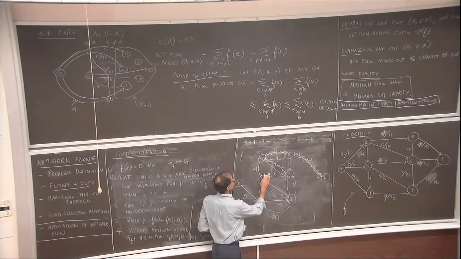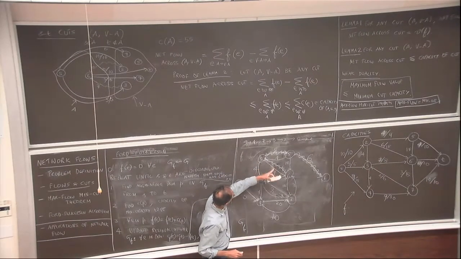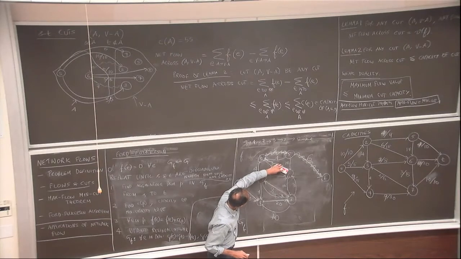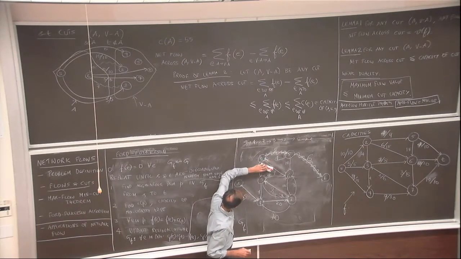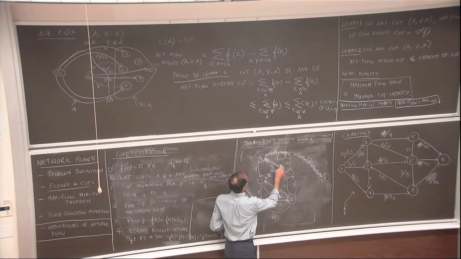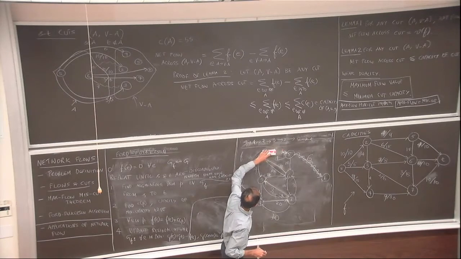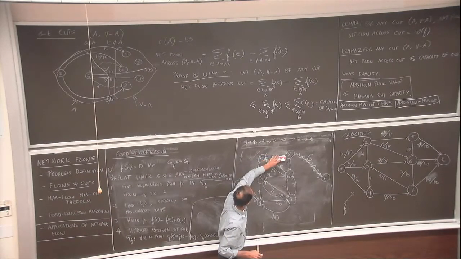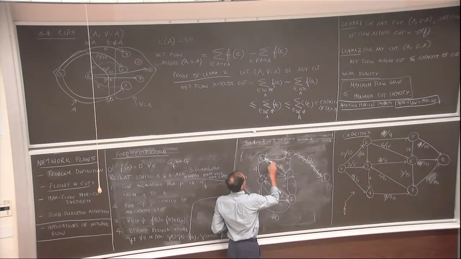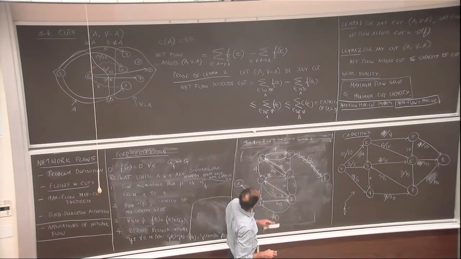Instead, the 7 becomes 8. 6 to 2, capacity 6 goes down to 5, and this 9 goes up to 10. Five goes down to 4, this goes up to 5.